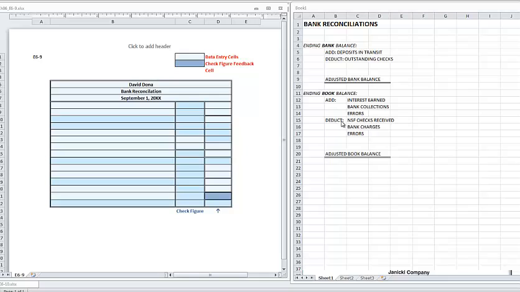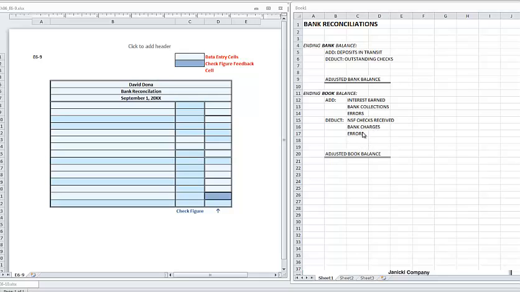As for deductions, we have NSF checks that we have received from our customers. These are checks that were not any good, that the bank has deducted after we have deposited them. So we have to deduct these from our books. Bank charges, also we find those on our bank statement and we need to record those on our books, so they're deducted.